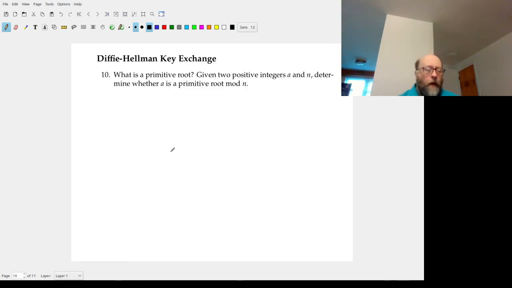Okay. What is a primitive root? Given two positive integers a and n, determine whether a is a primitive root mod n.